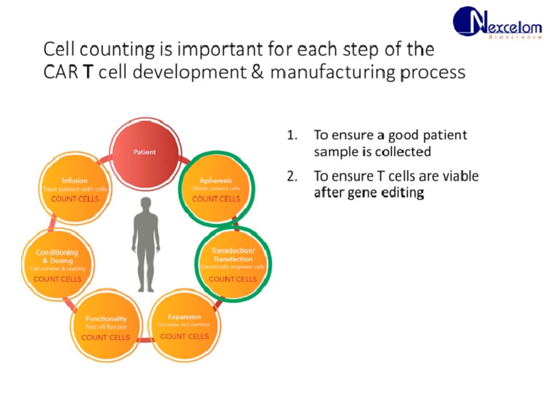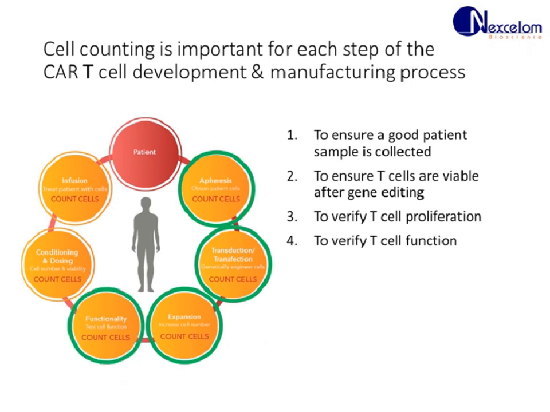Second, we will need to know the amount of viable T cells after gene editing. Third, we will need to verify T cell proliferation over time to make sure that T cells have expanded, as well as understanding the T cell function.